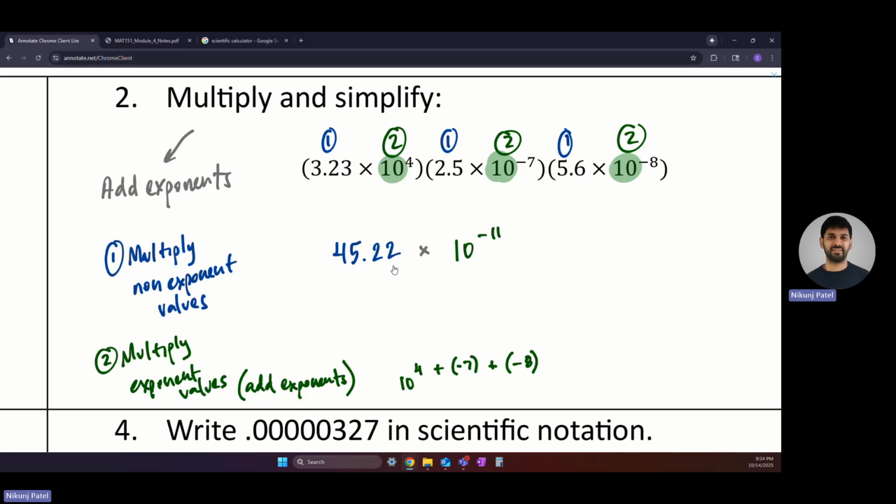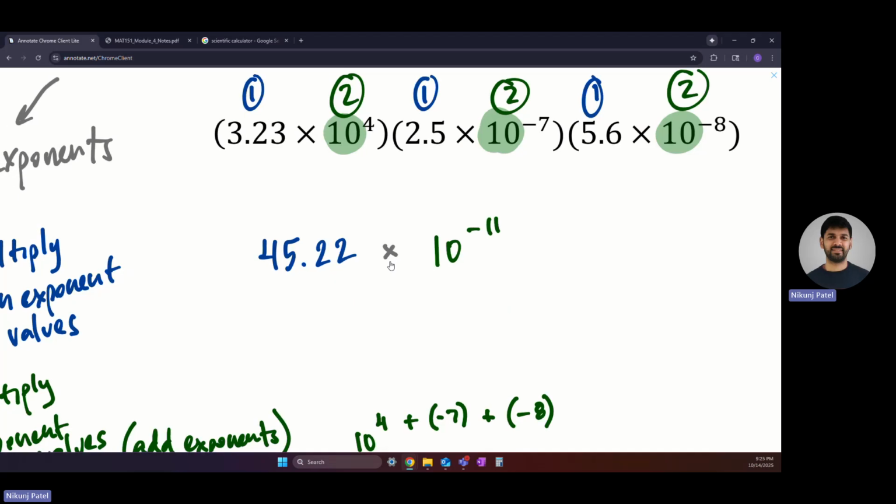So to convert this to scientific notation, we need for this decimal to move over one space. Notice how I'm using the same digits 4522, but instead of 45, I have 4.5 now. I move that decimal one space to the left.